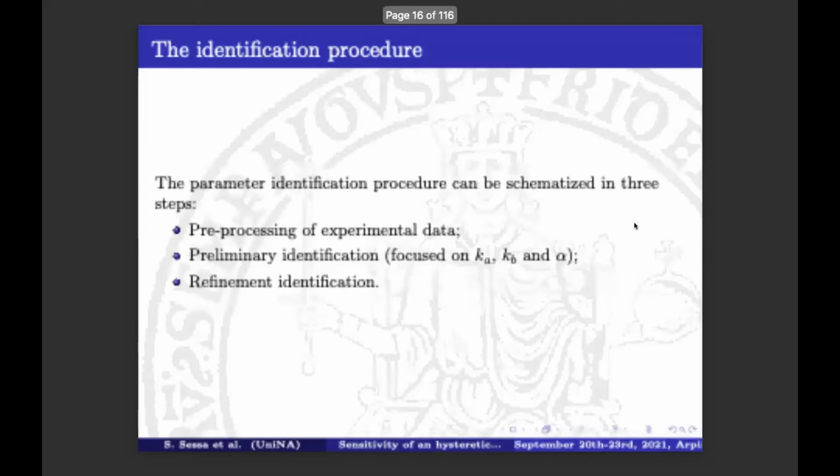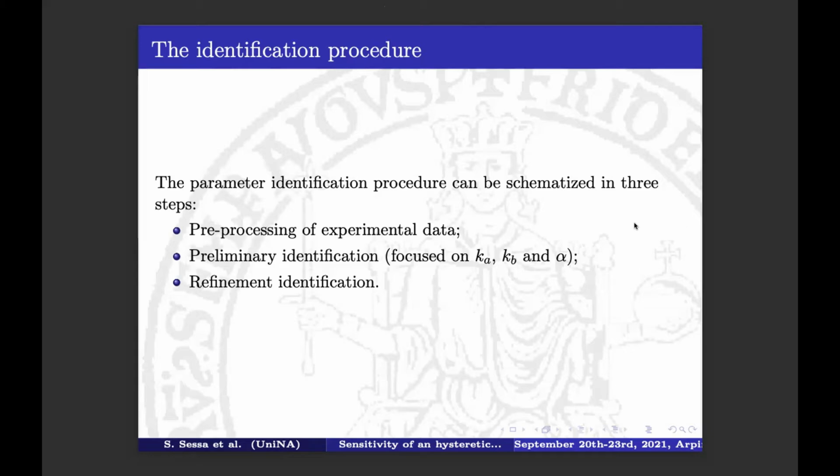Actually, the identification procedure consists of three subsequent steps. The first one is a pre-processing of the experimental data. And then there is a first, let's say preliminary, identification, which is focused only on a subset of the parameters.